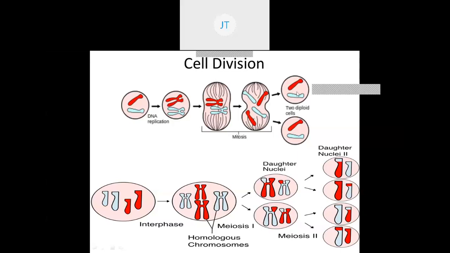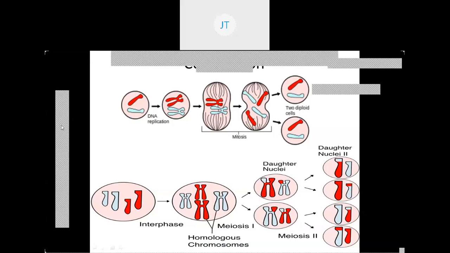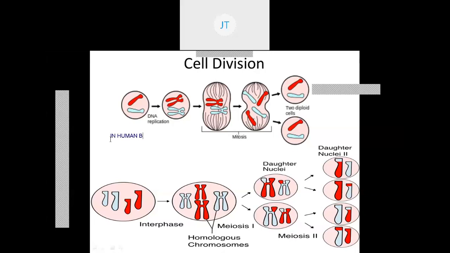I will write it so it is better for you. In human beings, there are a total of 23 pairs. And here we show you one pair.